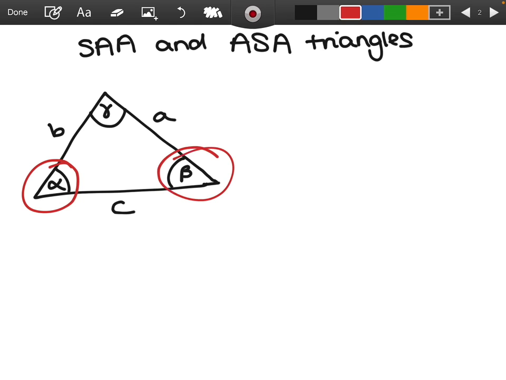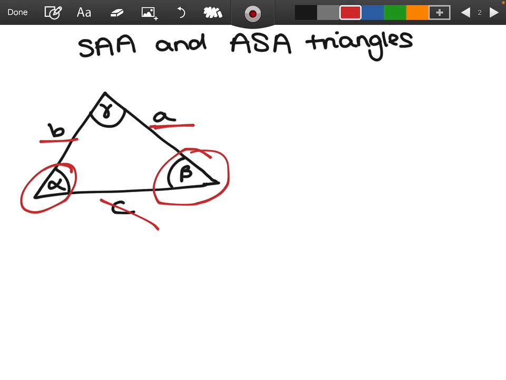You would also be given the length of the side A or the length of the side B. You would not be given the length of the side C, because C lies between the two angles that you have been given. Okay, so SAA triangles are the triangles where you are given two angles and then one of the sides that does not land between the two angles. So it's going to land opposite one of those two angles. Okay, it is not going to be the side that's between them.